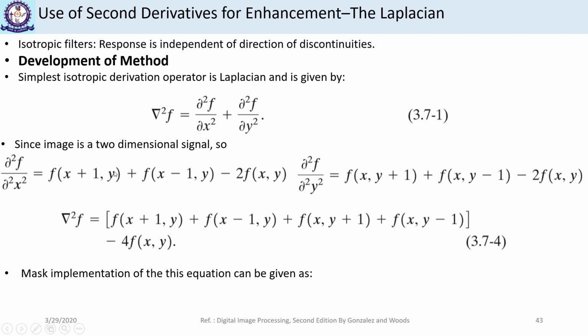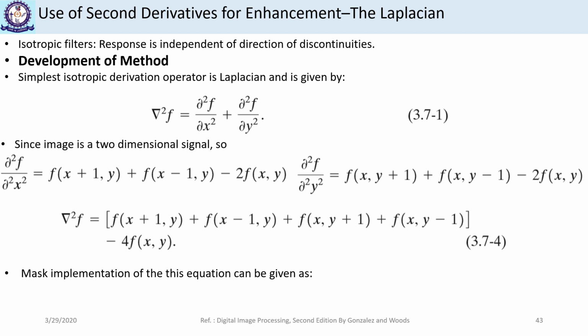So it will be f(x+1, y) plus f(x-1, y) plus f(x, y+1) plus f(x, y-1), and then two times f(x, y) here and two times f(x, y) there, so it will be minus 4 times f(x, y). So this is the result of the Laplacian operator applied on an image.